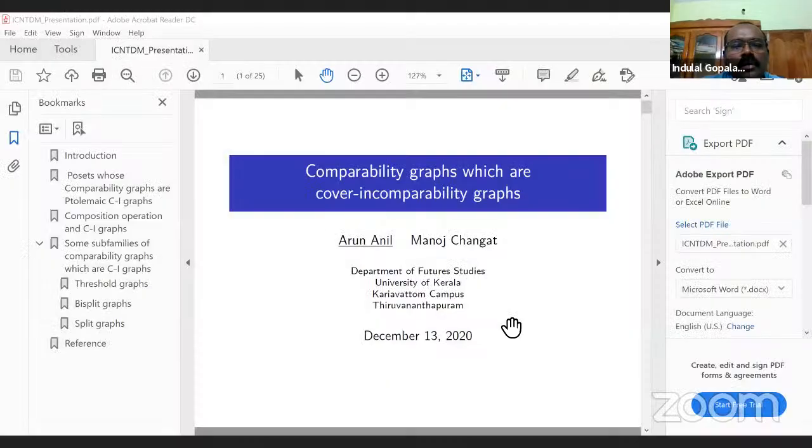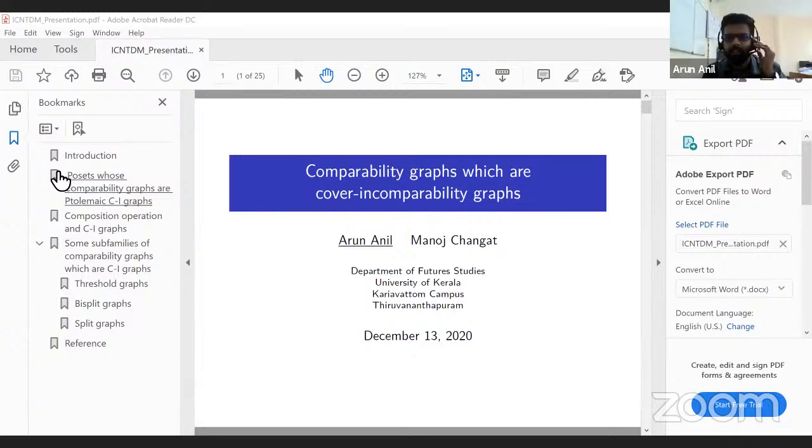Okay, thank you, sir. Sir, is it visible? Yes, visible. But your audio is very low. Sir, can you hear me? It is a little bit audible. If possible, you can make it a little bit louder. Hello, sir, can you hear me? Is it audible?